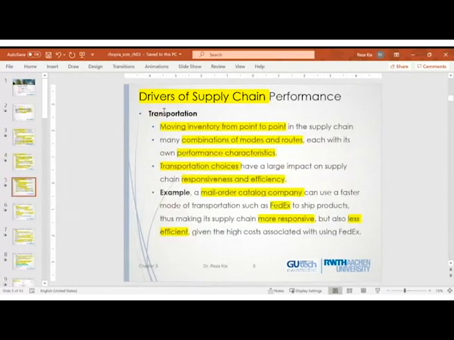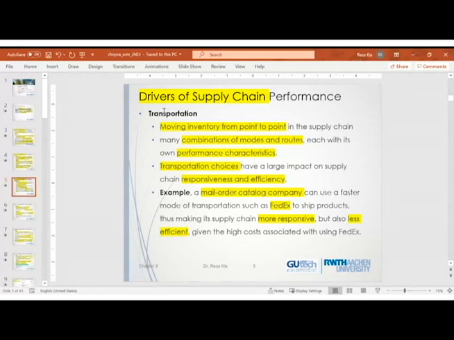The other driver is transportation. Again, you have been familiar with the concept of transportation mode in logistics. Whenever you want to shift inventory, whether raw materials, work in process, or final product, from one point to another, that is transportation.